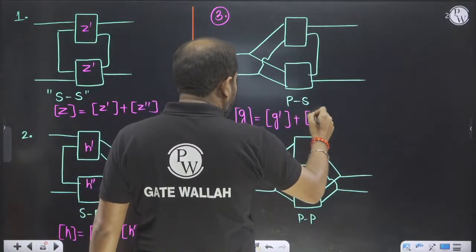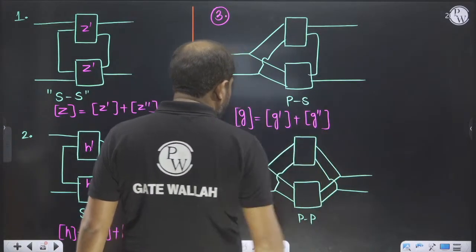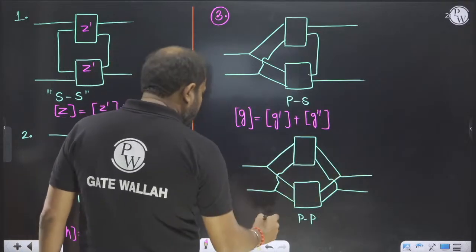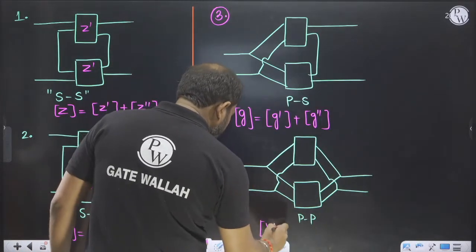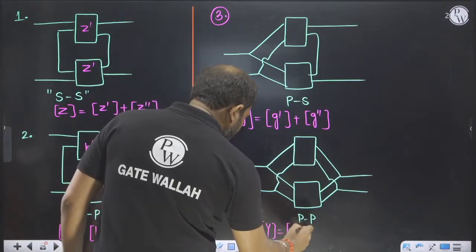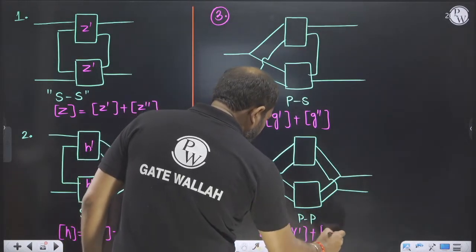And here I1 and I2 are divided, so Y parameter.